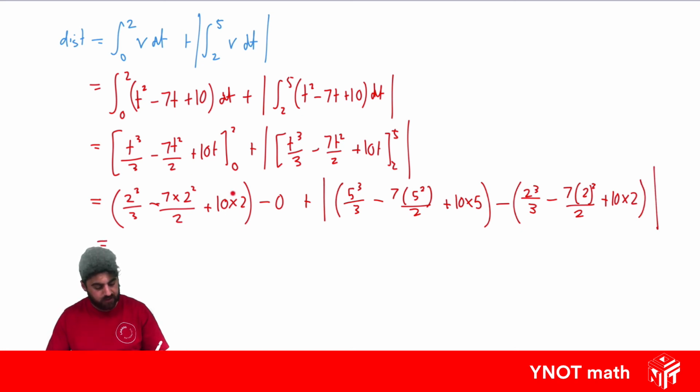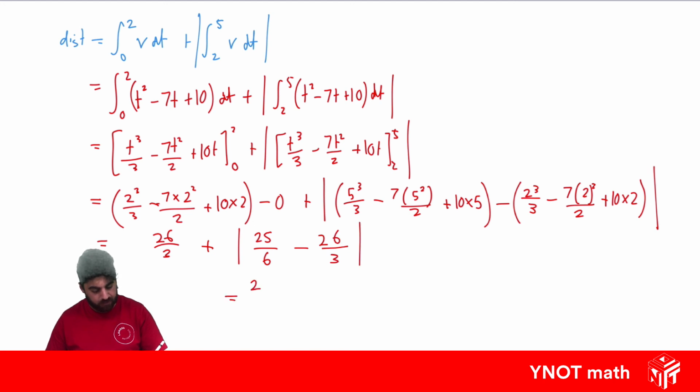So evaluating each of these expressions now, we're going to get 26 over 3, that can all go in the calculator, minus 0, plus, now this first one where we subbed in 5 is going to give us 25 over 6, and we already subbed in 2 here, and we're subbing in 2 again, so we should expect the same result, which we do get, minus 26 over 3.